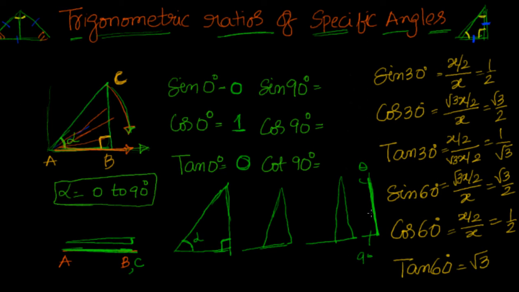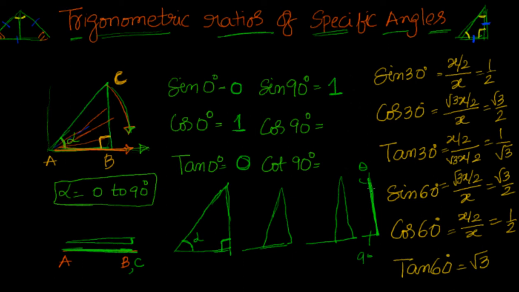Okay, right. Now you see, when this becomes 90 degrees, your opposite side and your hypotenuse are becoming 1, right? Opposite side over hypotenuse is sine. So that's why sine 90 is equal to 1.